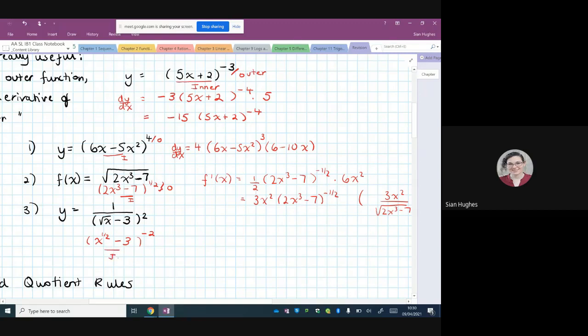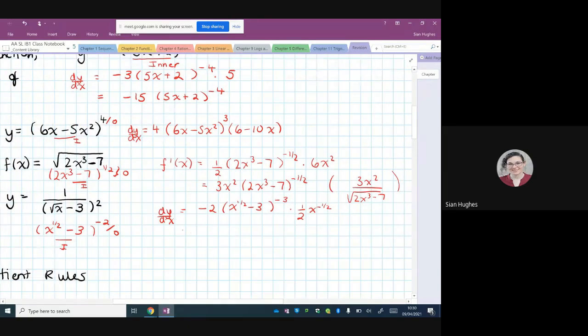And again, we've got inner function here is my x half minus 3, outer function is the minus 2. So dy by dx, minus 2 comes to the front, turns into minus 3. That's my outer function. Then my inner function, the derivative of x half is half x minus half.